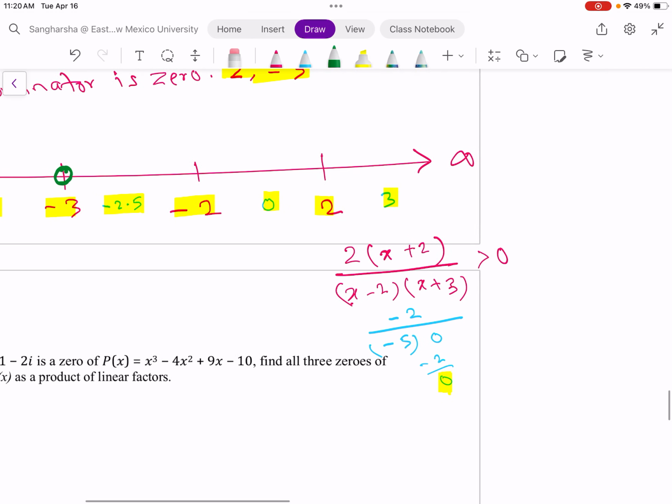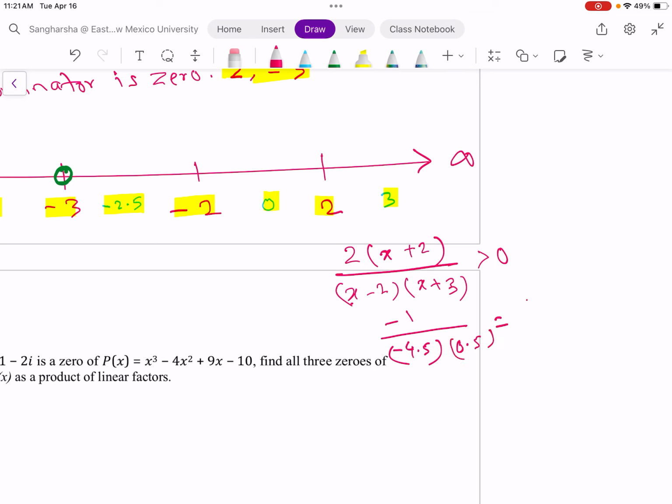Now let's try negative 2.5. Negative 2.5 plus 2 is negative 0.5, and negative 0.5 times 2 is negative 1. Then negative 2.5 minus 2 is negative 4.5, and negative 2.5 plus 3 is 0.5.